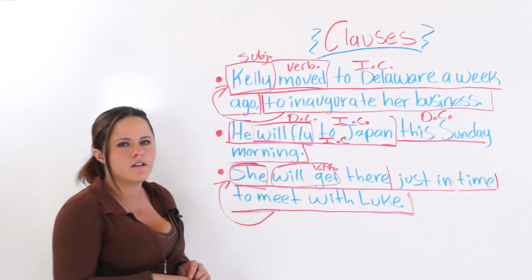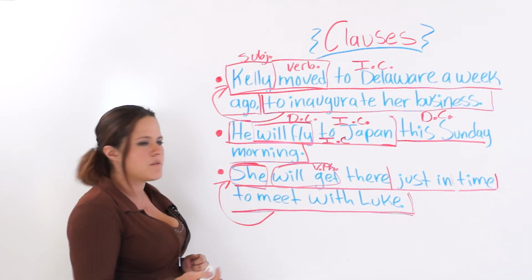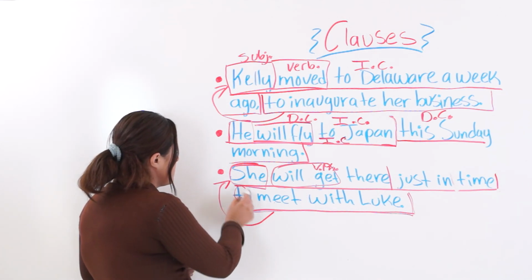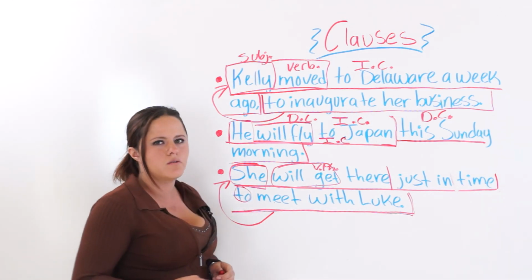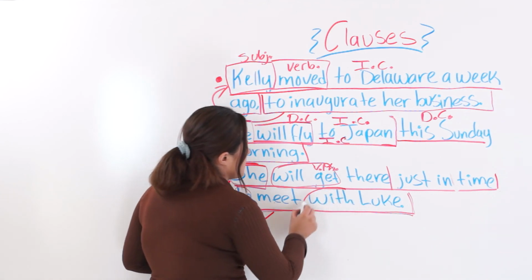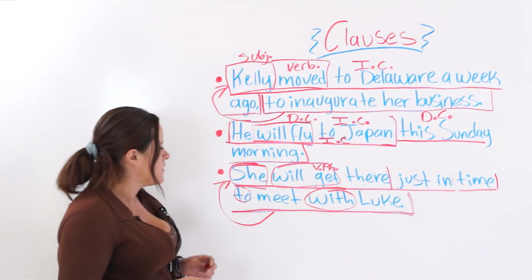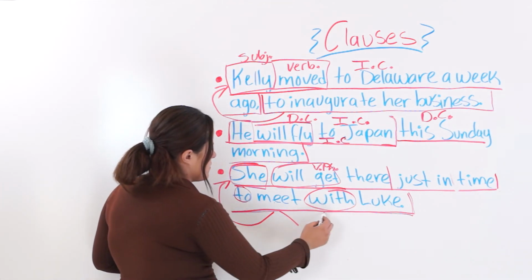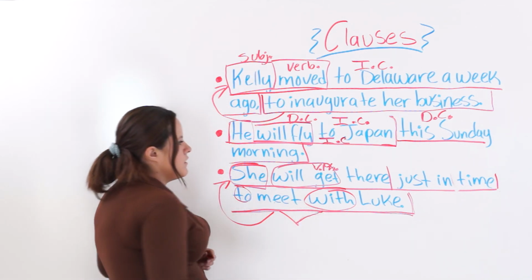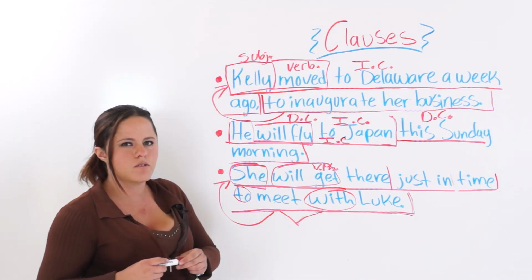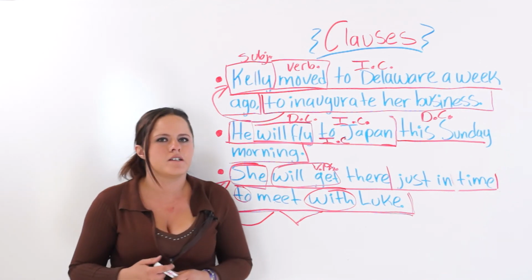This would be a prepositional phrase because we are using a preposition to meet with Luke. We are actually using two prepositions. So these could be two prepositional phrases instead of one dependent or subordinate clause.